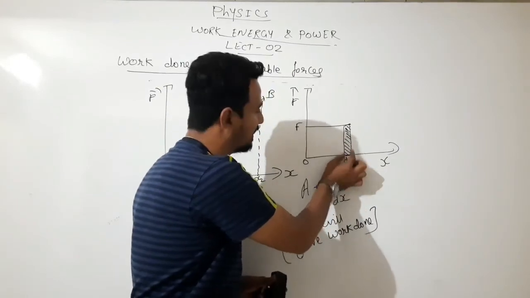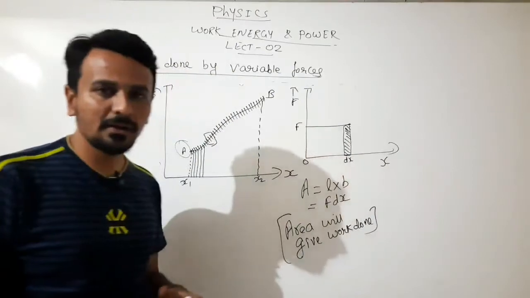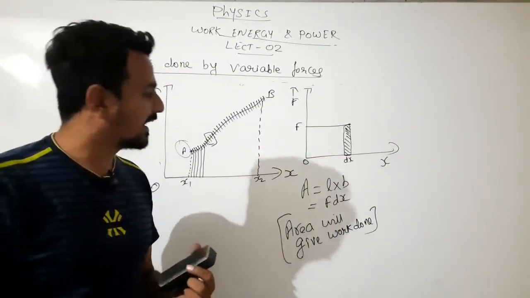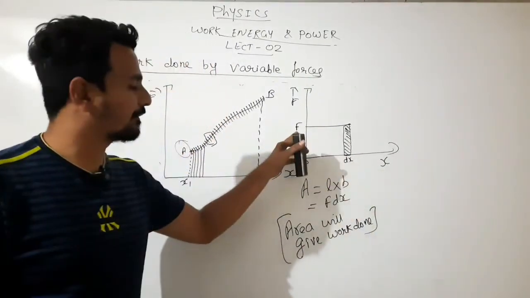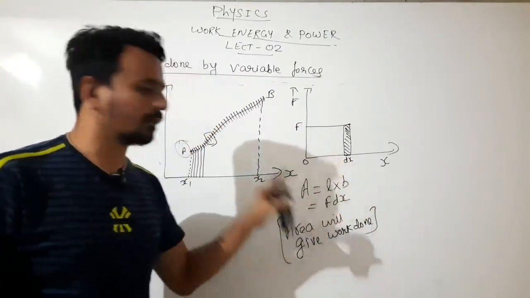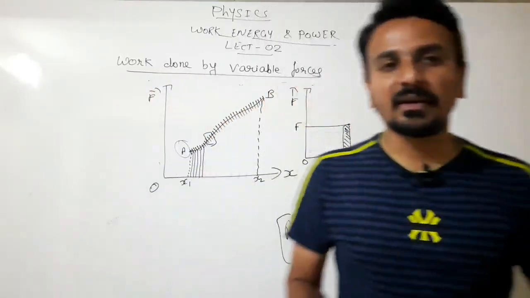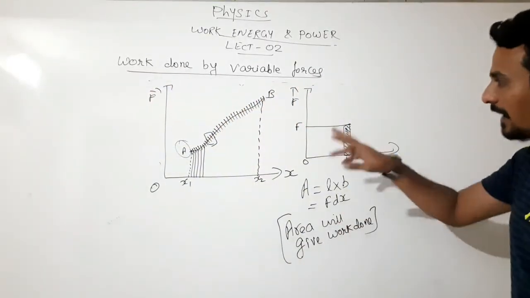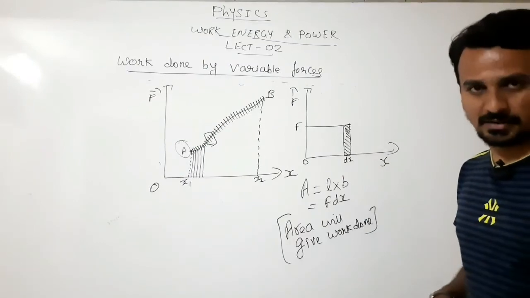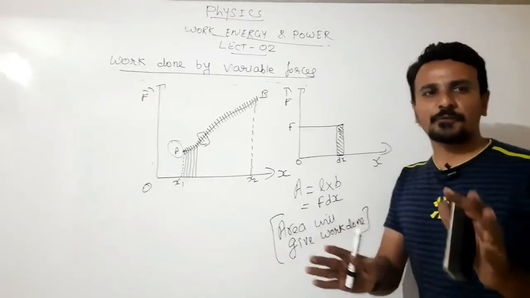For this displacement, force will be taken as constant, so the strip will be rectangular. For a rectangle, area is L into B, so instead of L into B, F into dx. So what is F into dx? Work done. So finally, it means that the area of the graph of F versus x will give work done. So this was all about the concept of variable force.